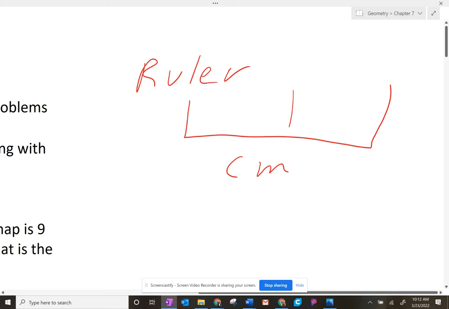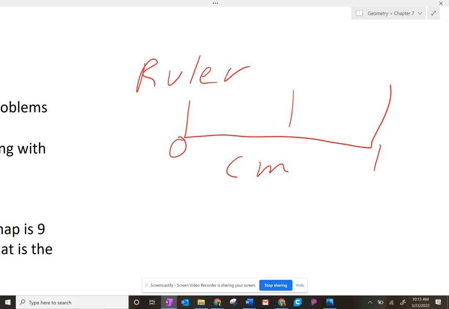So on your ruler itself, you'll see the marks for centimeters. You're going to have the big number here. That's where like the 0 or the 1 or the 2 or whatever is going to start off with. And then over here, you'll have the next number. So the 1, the 2, however it goes.